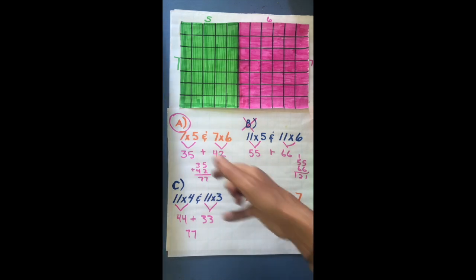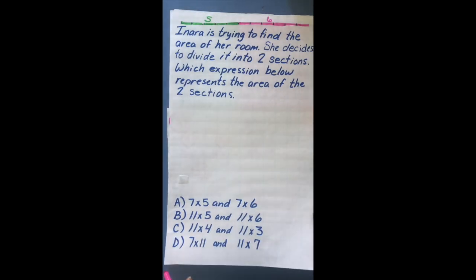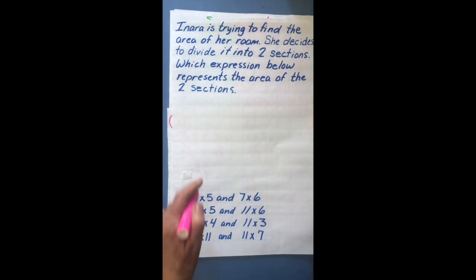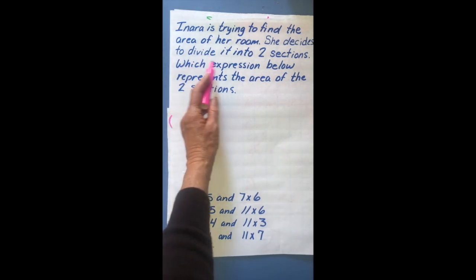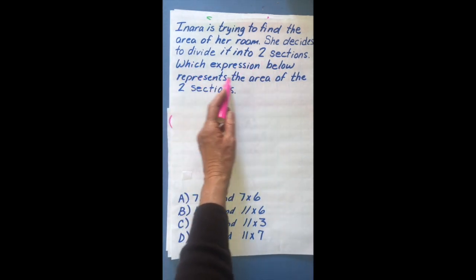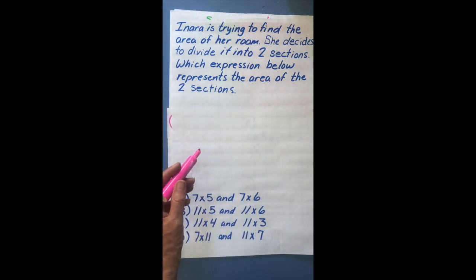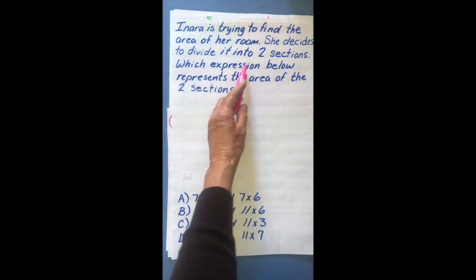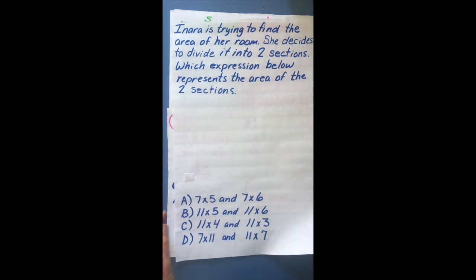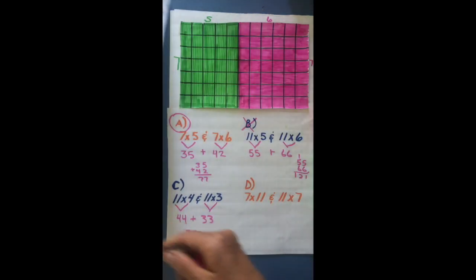But if I go back to the original question, it says which expression below represents the area of the two sections. Well, it says which expression, which means there's not two answers this time. There's only going to be one answer.